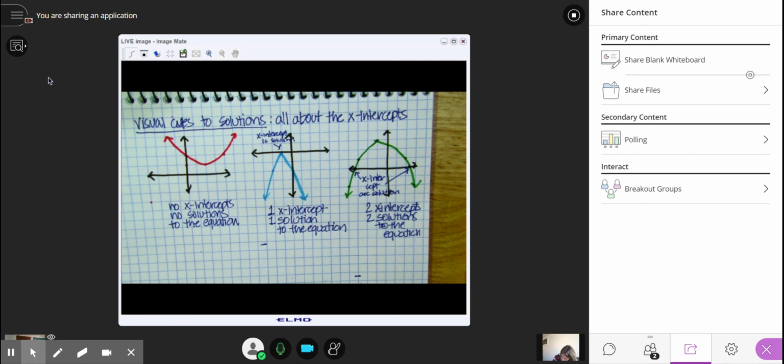So wherever that parabola crosses that x-intercept, that is a solution.